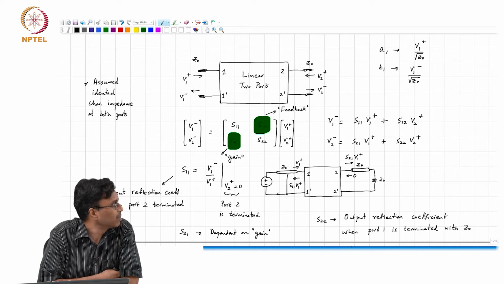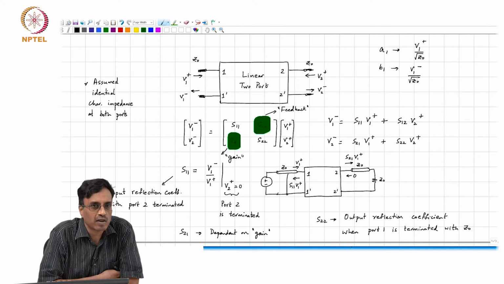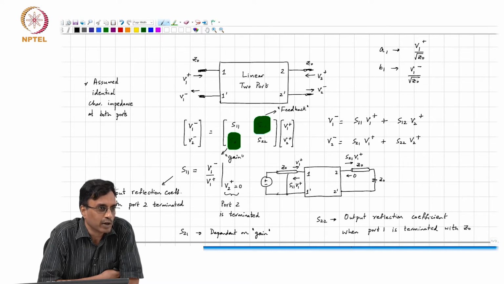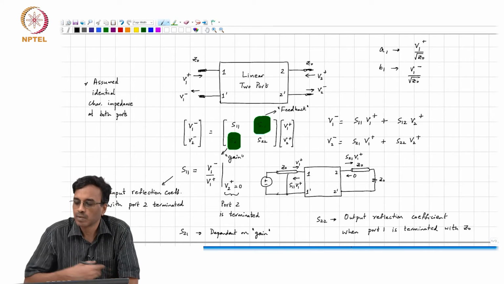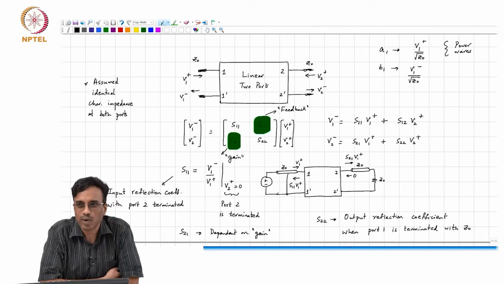If all the characteristic impedances of all the transmission lines connecting ports 1 and 2 are the same, then the square root Z0 is redundant, and you can simply talk about V1 minus, V2 minus, V1 plus and V2 plus. Sometimes these are also called power waves, because the square of this directly gives you power.